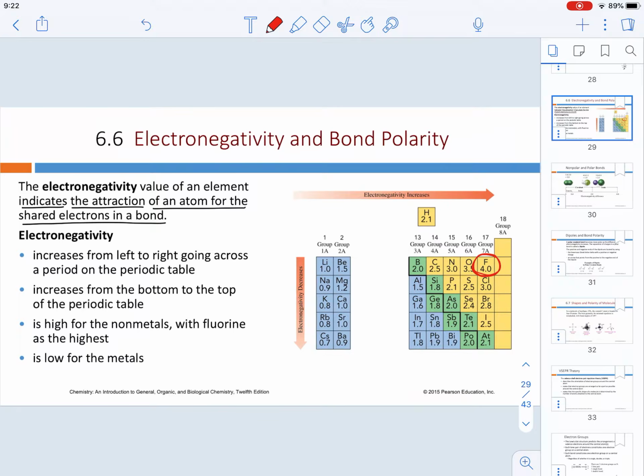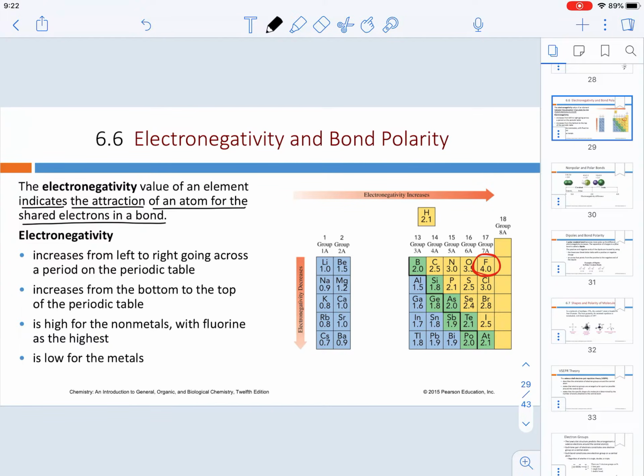There is a periodic table with values for electronegativity for the elements in the reference sheet for exams that has been posted on Canvas. Now, understand that electronegativity is high for nonmetals, okay? Because remember, fluorine is the highest, and it tends to be low for metals. And you can see that by looking at the numbers.